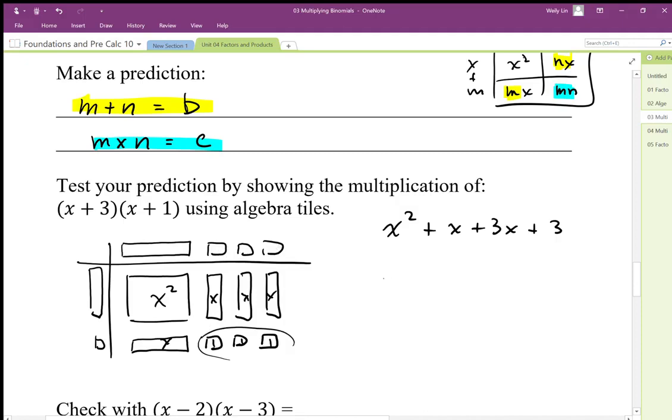So when we combine the like terms, that middle term comes from combining these two like terms along the diagonal here. And then the plus 3 is just plus 3, that's our term that we get from multiplication, 1 times 3. Again, I'll highlight that there. This is our 3 here.